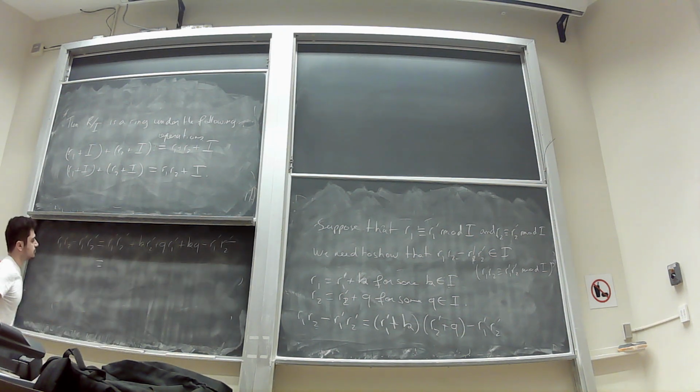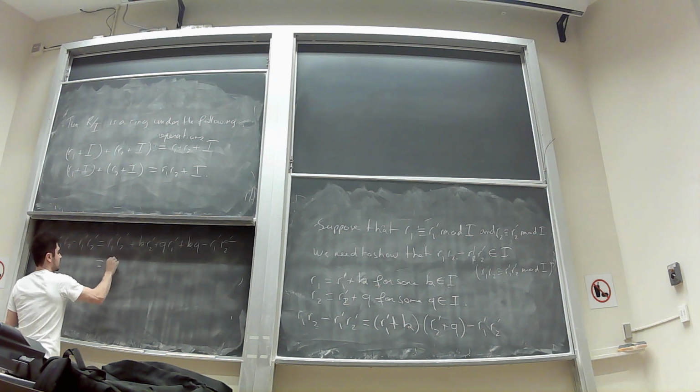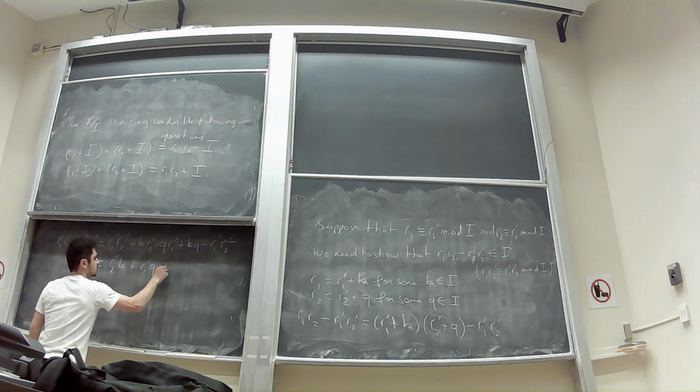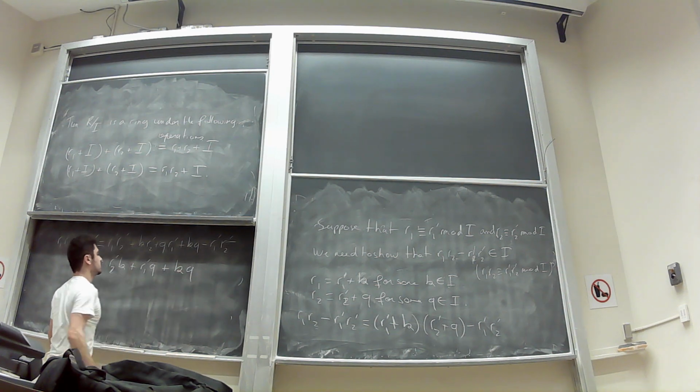So what do we get? I get R2 prime times K plus R1 prime times Q plus KQ.